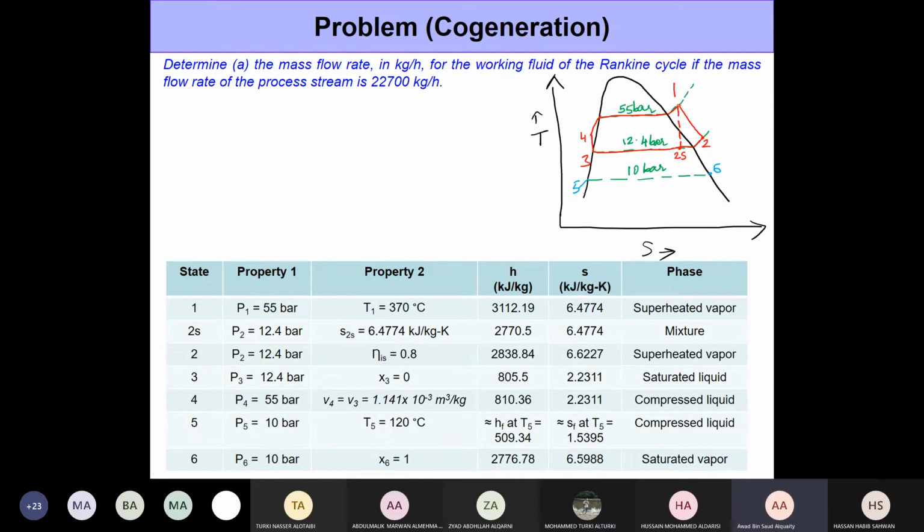Okay, so the first thing is we need to determine the mass flow rate of the working fluid within the cycle. Okay, so any ideas? How do we determine that mass flow rate? We have the mass flow rate of the process stream.